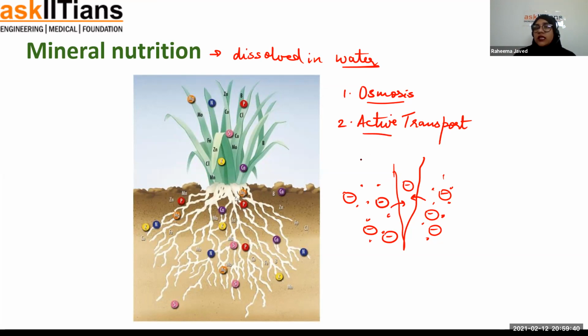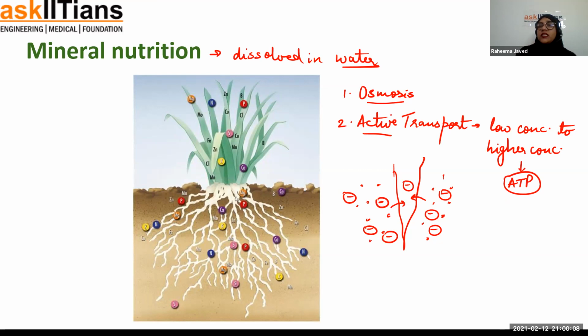Active transport, on the other hand, works against the concentration gradient. So active transport is the one where the movement of the ions takes place from lower concentration to higher concentration with the help of ATP, by using energy in the form of ATP.